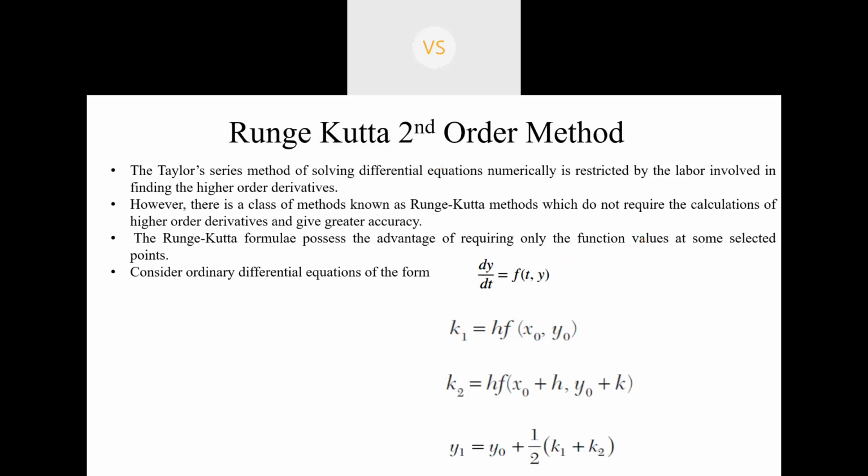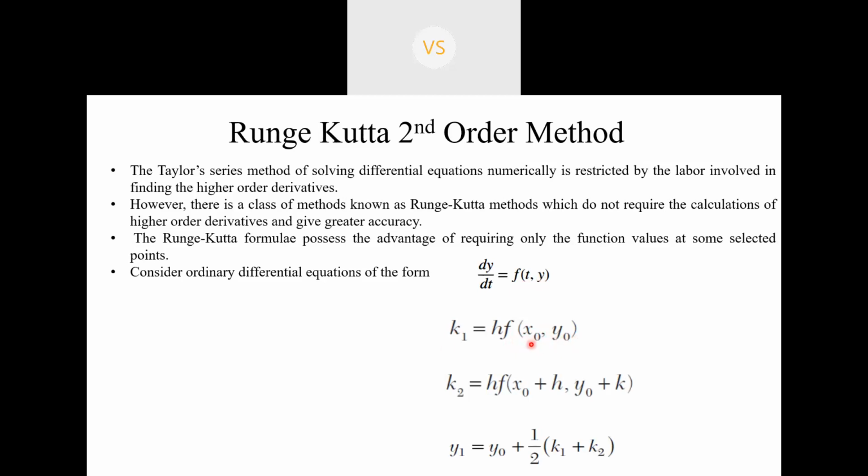Now consider a differential equation of the form dy by dx is equal to function of x, y. So this is our general differential equation. What we are doing in this RK method is finding k1 and k2. You can see over here the formula for k1 is h into function, where we substitute the values of x and y in the function.